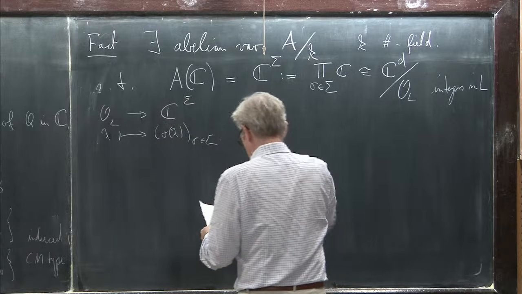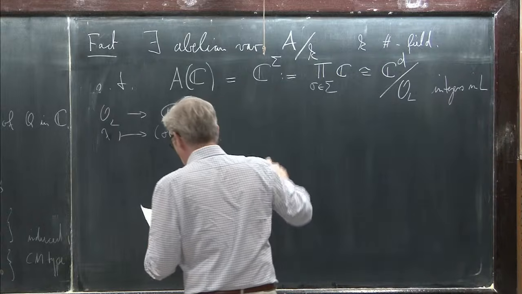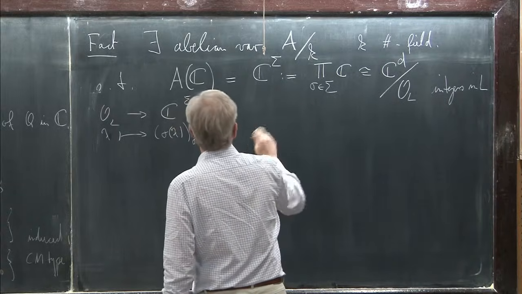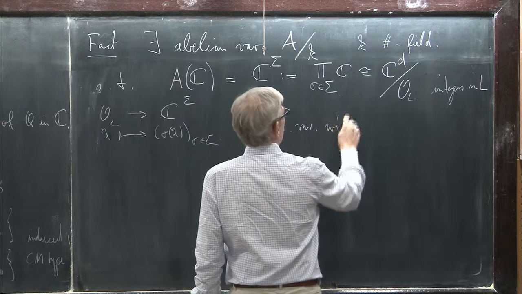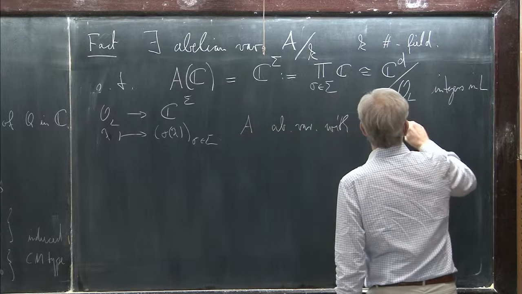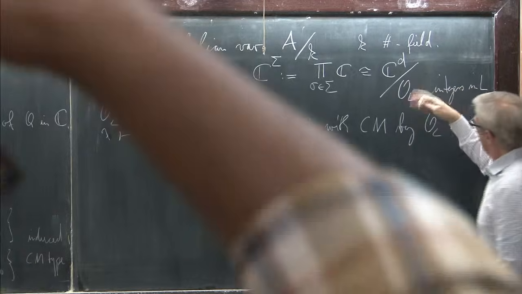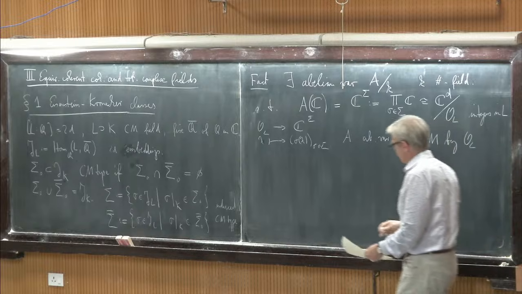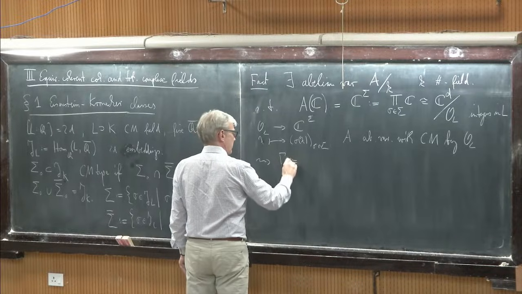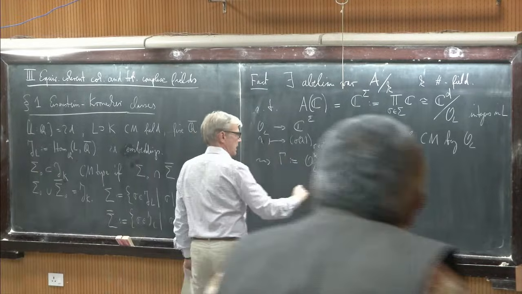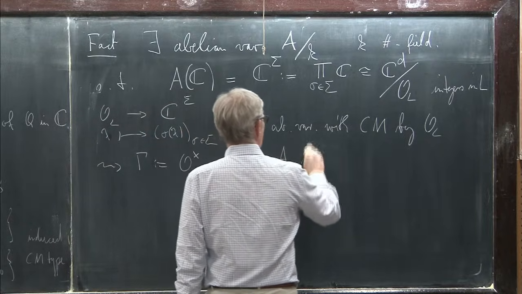So it has an endomorphism ring which contains O_L. This means it has many endomorphisms, and in particular, it has an action by Gamma, which I set to be the units in O_L, acting on A by automorphisms.